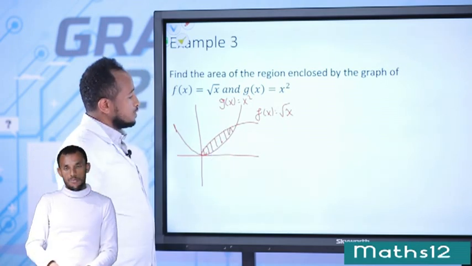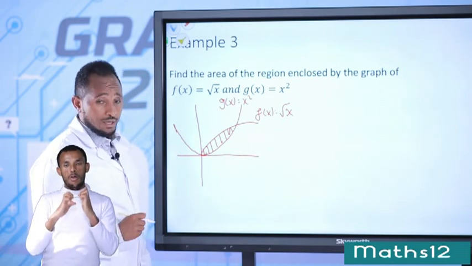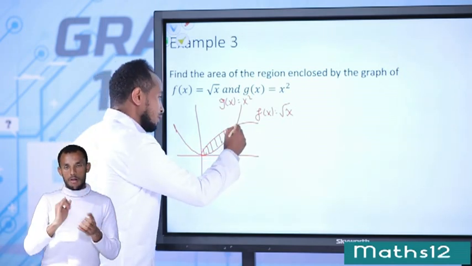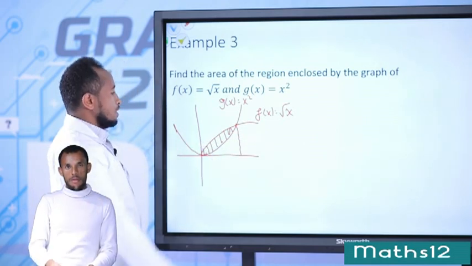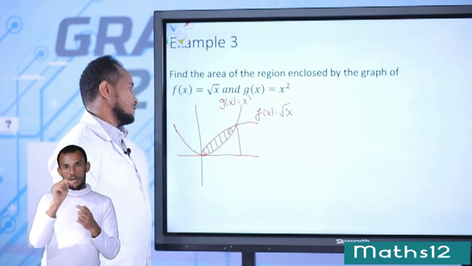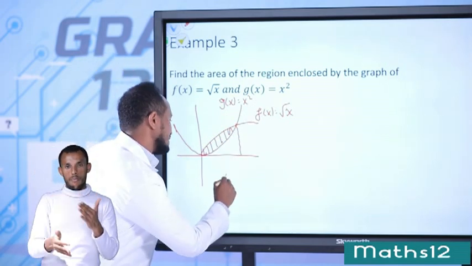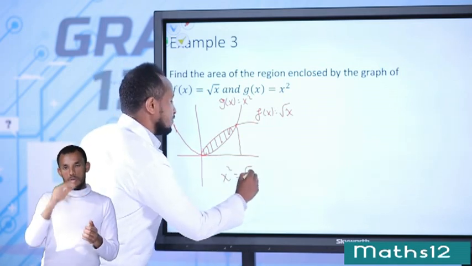So to evaluate the area, I need to find this point. This point is the intersection of the two graphs. Therefore, x squared is equal to the square root of x.